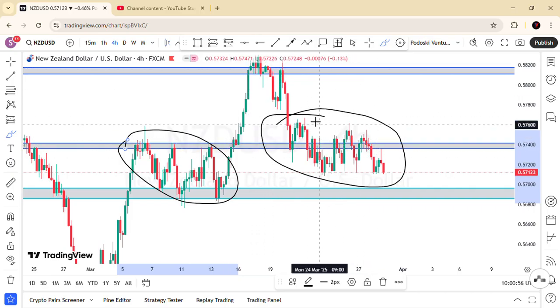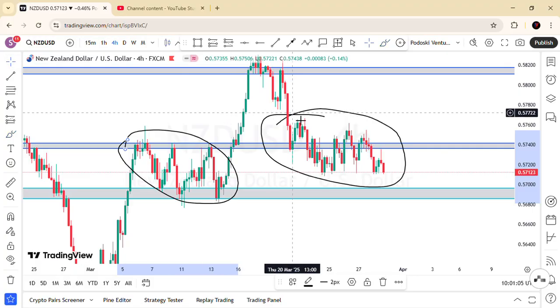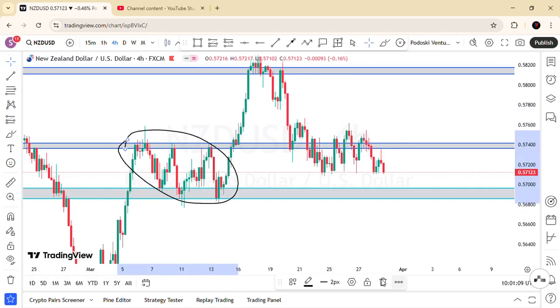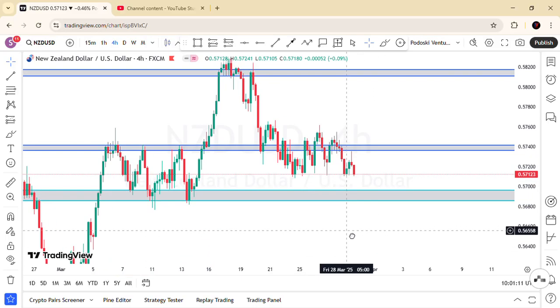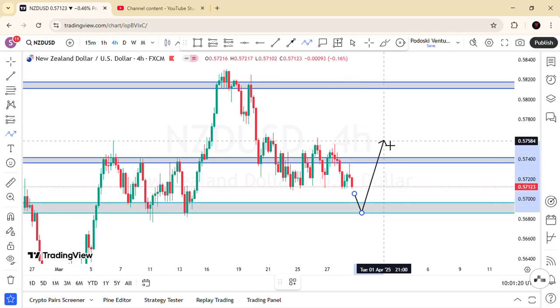Now it dropped and it's been doing the same over here for a while. What should we expect? I'm expecting price to drop and tap into the daily zone before it starts moving up.